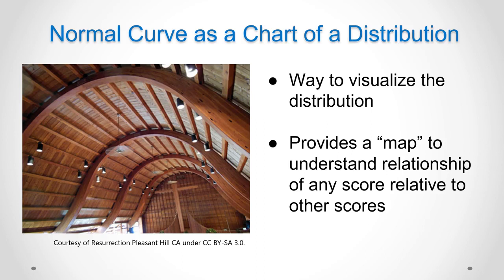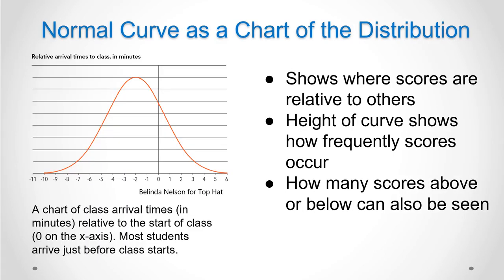In previous lectures, we talked about normal curves and normal distributions. Normal curves are ways to visualize the distribution and provide a map to understand the relationship of any score relative to other scores. Remember that the normal curve shows where the scores are relative to other scores.